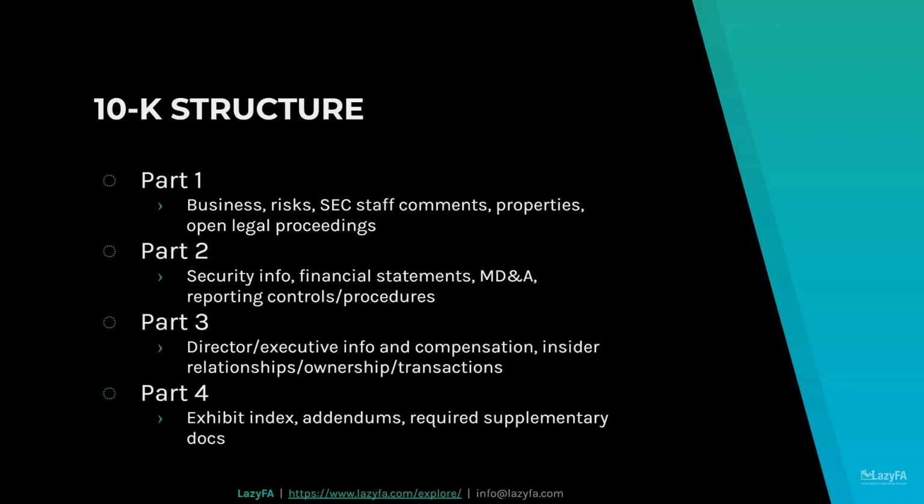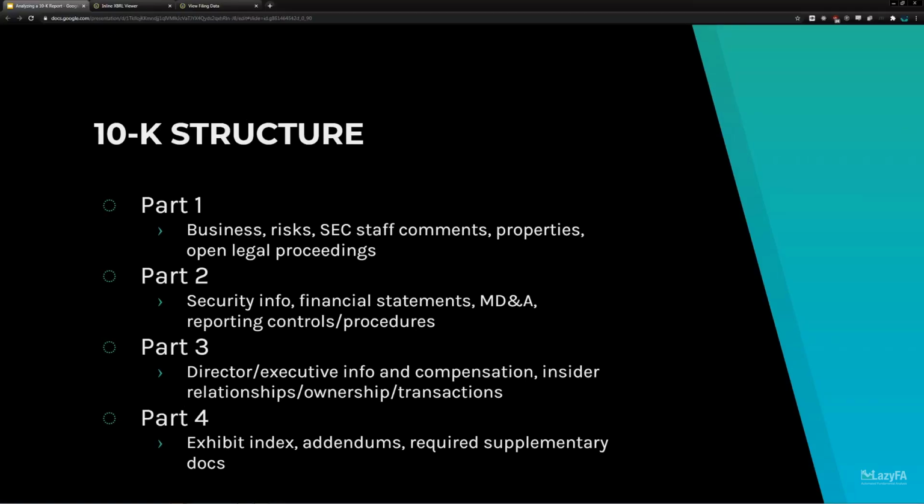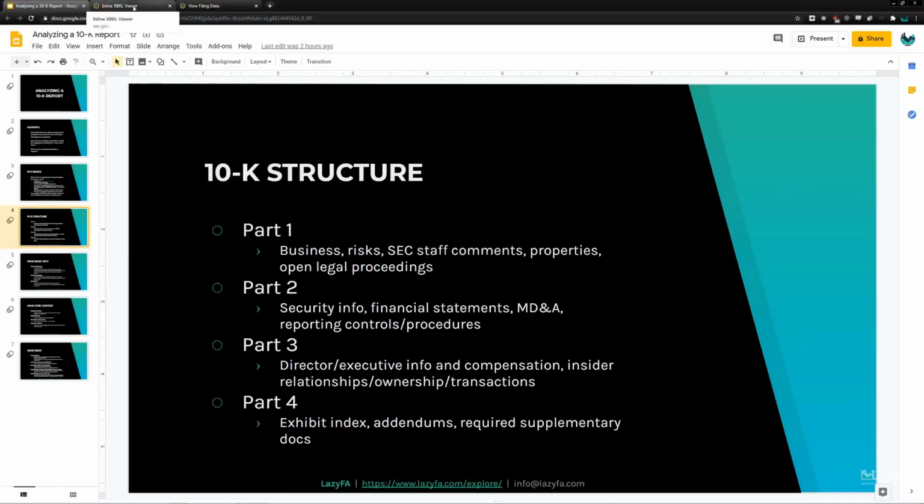Part 2 is mostly information about their securities themselves, right? So about the stock and the warrants that are out there and stock options and things like that. And then you've also got all of the financial statements and the MD&A, which stands for management discussion and analysis.